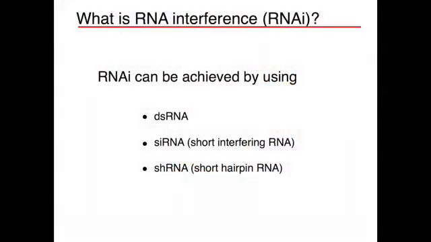RNAi can be achieved by several ways. For example, you can introduce double-stranded RNA that you synthesize. You can also introduce short interfering RNAs. Those are 21 nucleotide long duplex RNAs, also called siRNAs. Many people now use this in the laboratories. And you can also use short hairpin RNAs called shRNAs.